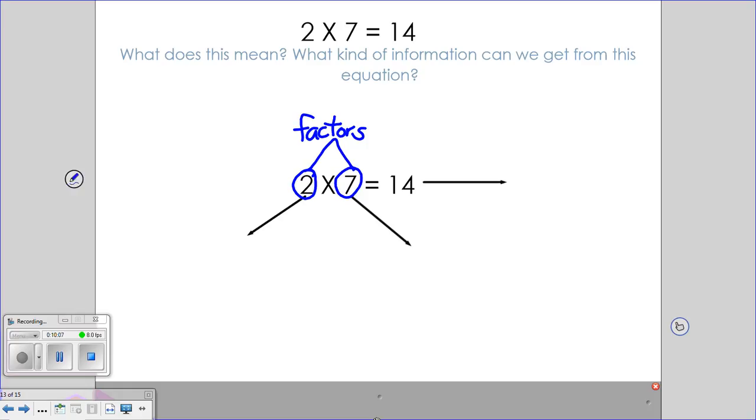Alright, so going back to what Mitchell said, he said that 2 was meaning two groups. That factor, that first one, always means the number of groups. You know that. You need to write that down.